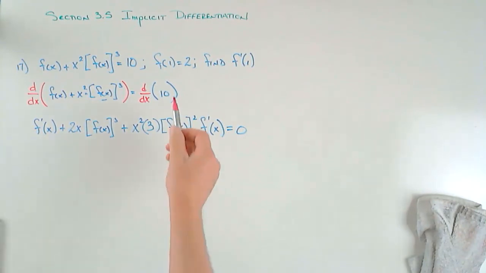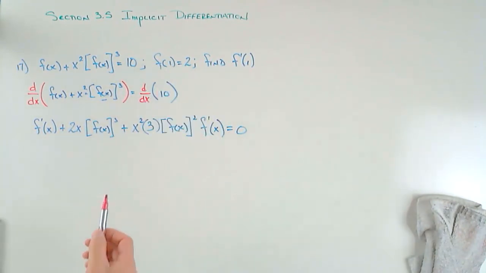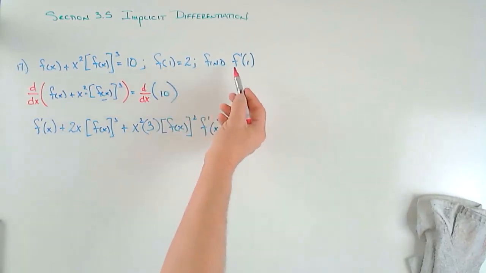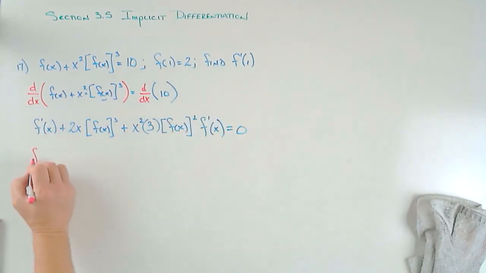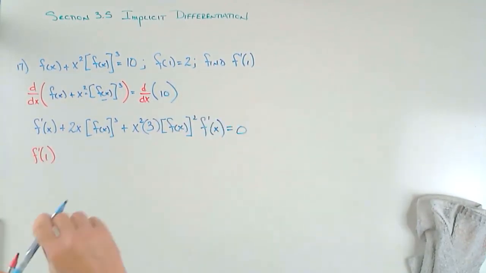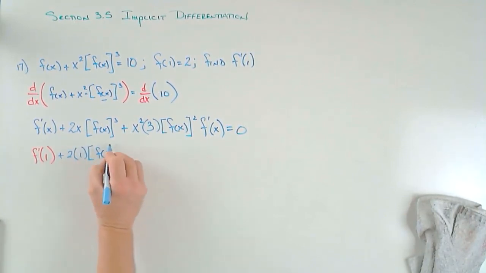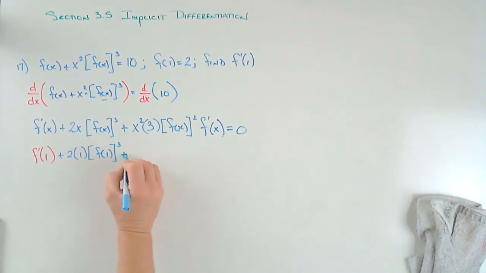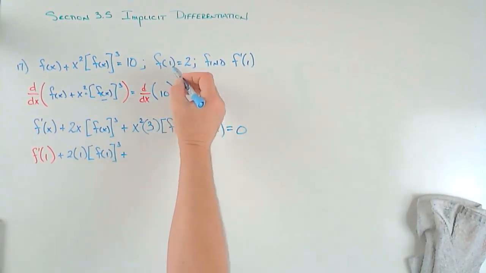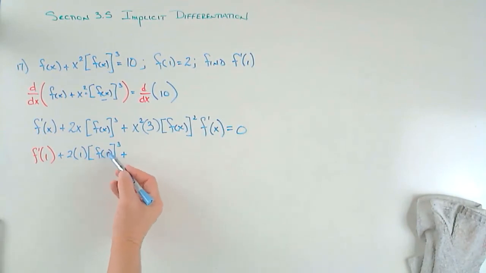Now they've given us f of 1 is 2. So they want us to plug in 1. This would be f prime of 1 right here. We'll go ahead and write that in pink because that's what we're looking for. Here we'll have 2 times 1 times f of 1 cubed plus, we're plugging in 1 for x, but we're plugging in 2 for f of 1.